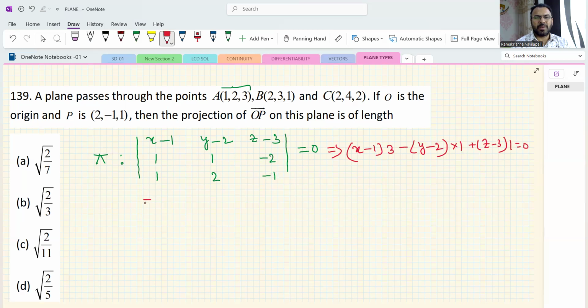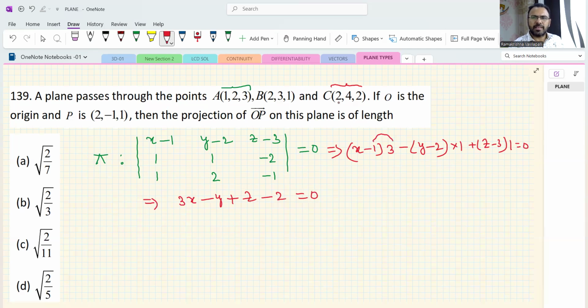So we got the plane equation: 3x minus y plus z. What is the constant? This is minus 3 and plus 2, that is minus 1, and plus 3, nothing but minus 2 equal to 0. We'll verify whether this is true or not. We just substitute C coordinates. So 6 minus 4, 2, right? 6 minus 4 minus 2 plus 2, 0.